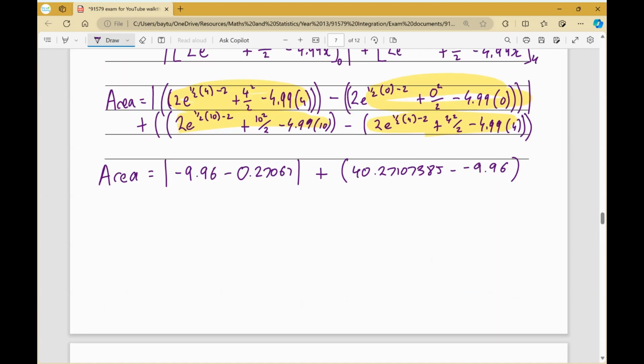And now we are nearly there, thankfully. So this first bit comes out at 10.1706757. I will round this afterwards.